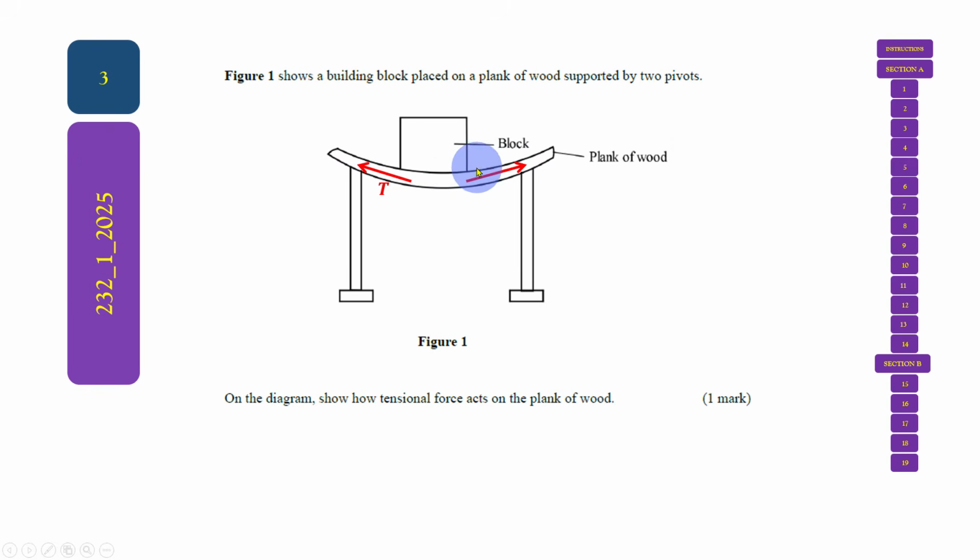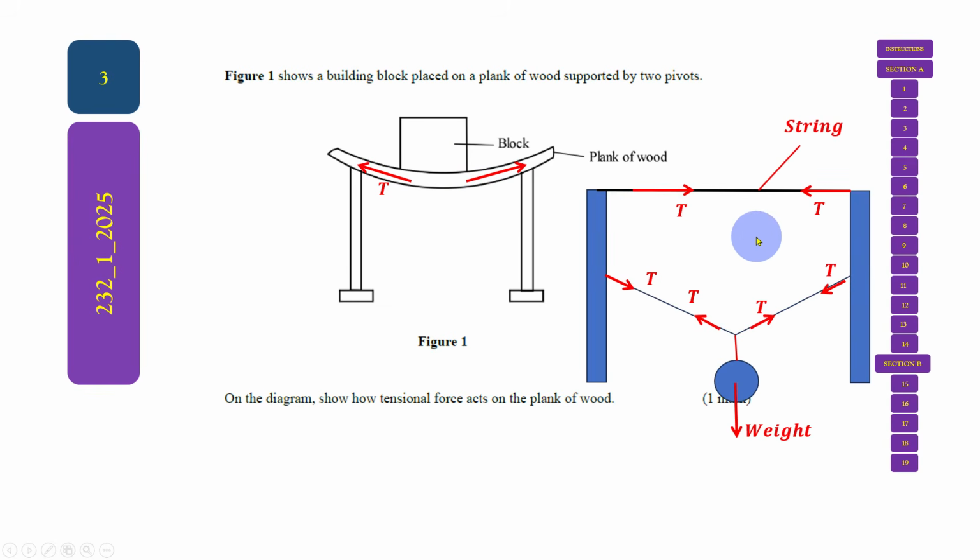If you find this a bit challenging, then consider a situation where you have the 2 planks but you've got a rope or a thread connected between the 2 supports. The type of force which exists in the string is called tension, represented by the letter T. These 2 arrows will be pointing towards each other.